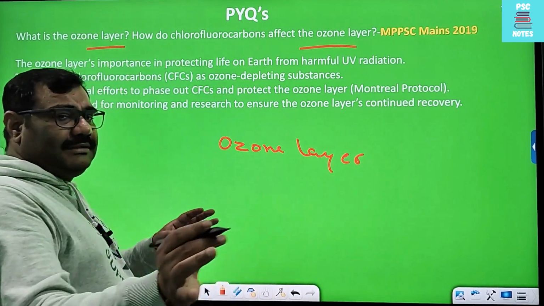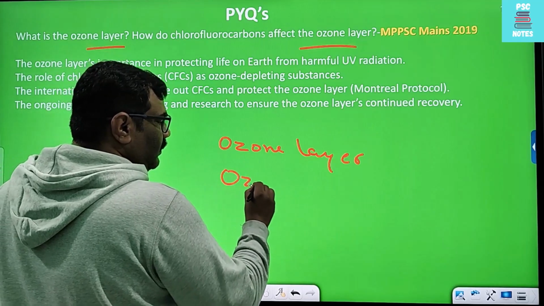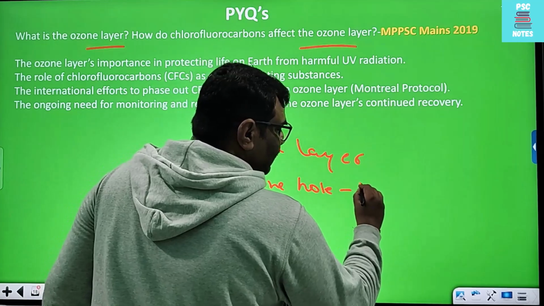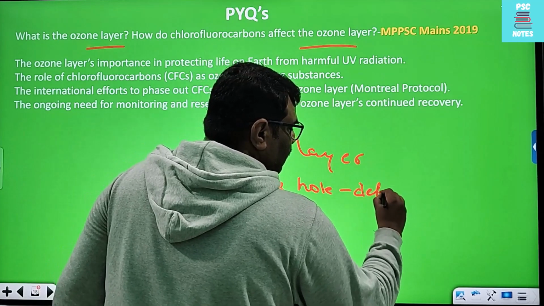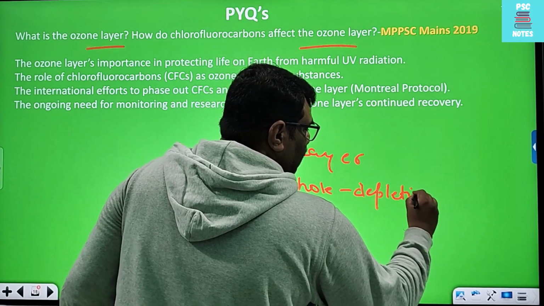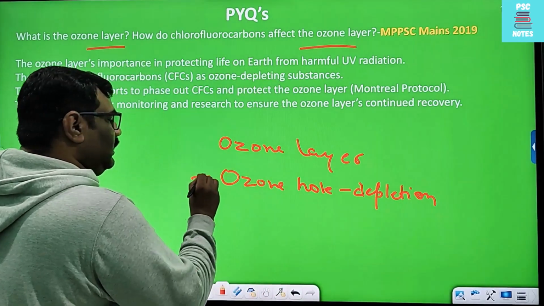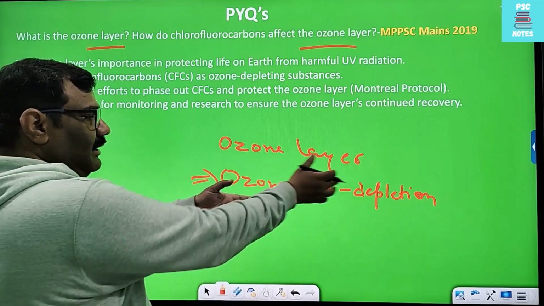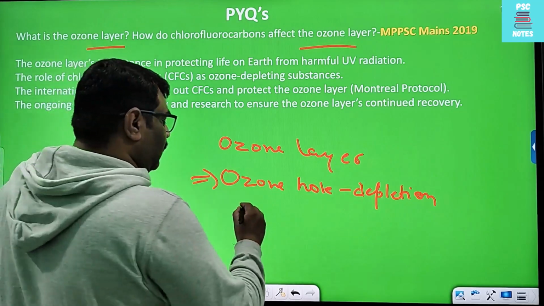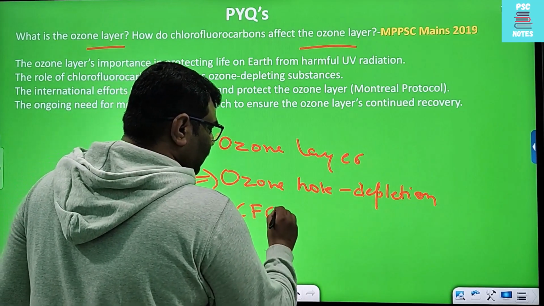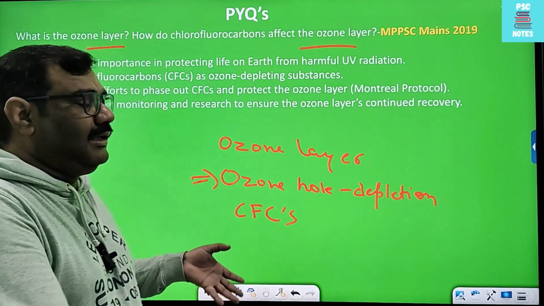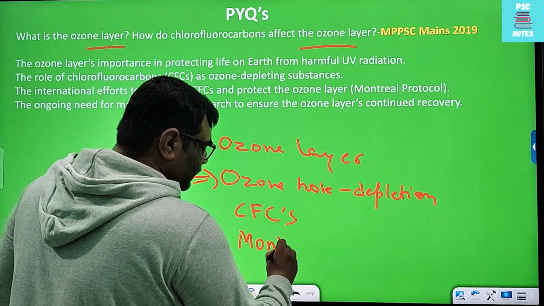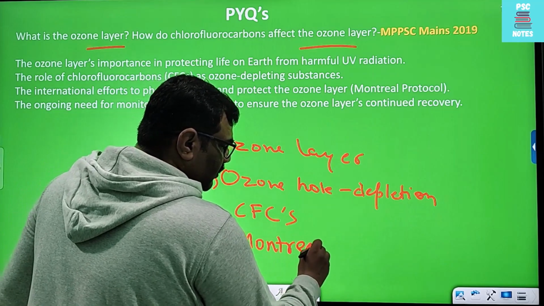Second is the ozone hole or depletion, which also includes the reactions. Further, what is the cause, that is chlorofluorocarbons, and finally the international affair like the Montreal Protocol.